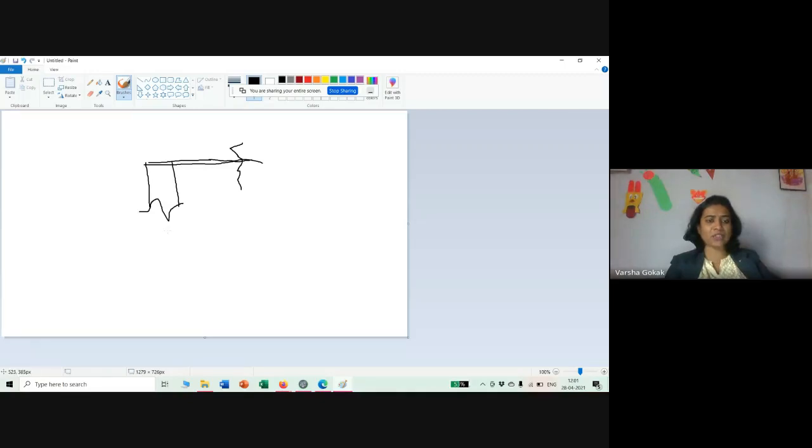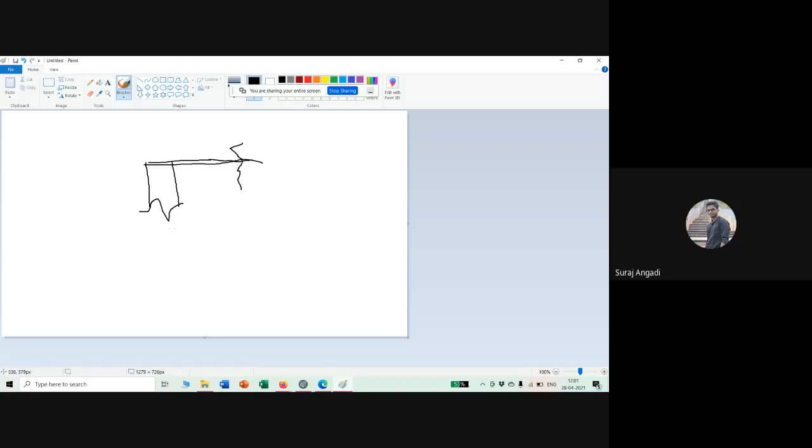So how many reactions will you have for a simple support? One. You will have one reaction. Correct. In which direction and where exactly is this one reaction? Is it going to be vertical? Is it going to be horizontal? Horizontal.